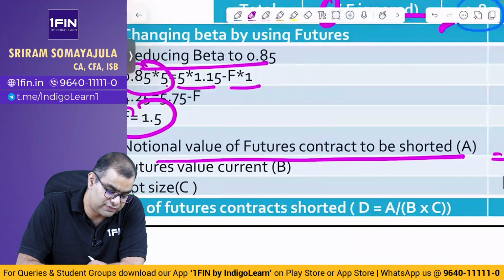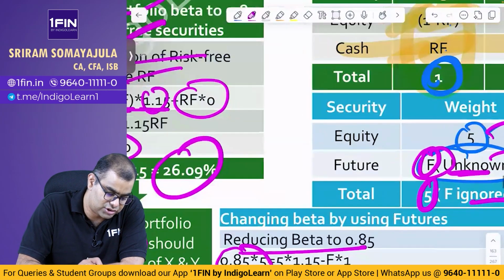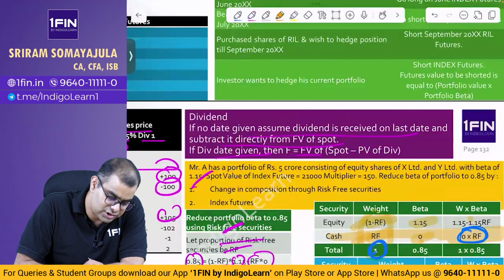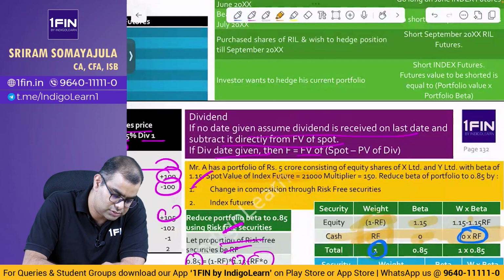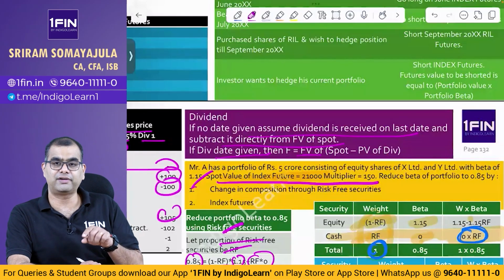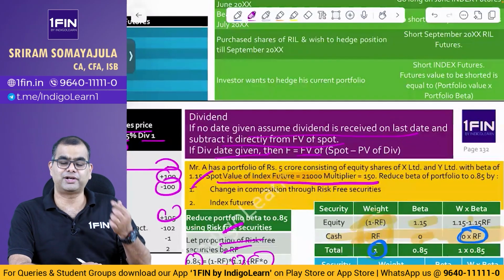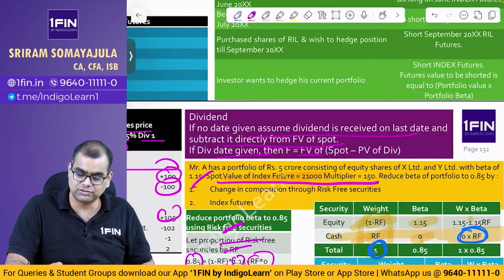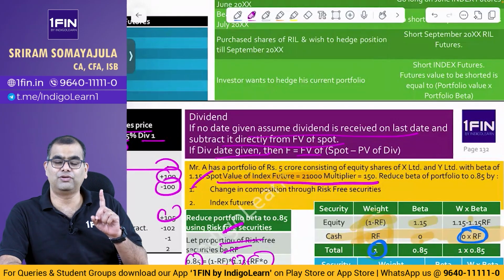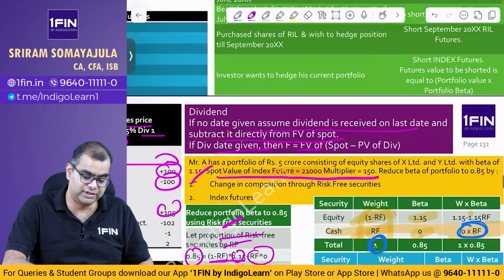Okay, so the futures spot value is 21,000 and the multiplier is 150. So one contract value is 21,000, and minimum you have to enter into 150 units. So 21,000 into 150, the notional value of one contract is 31,50,000.